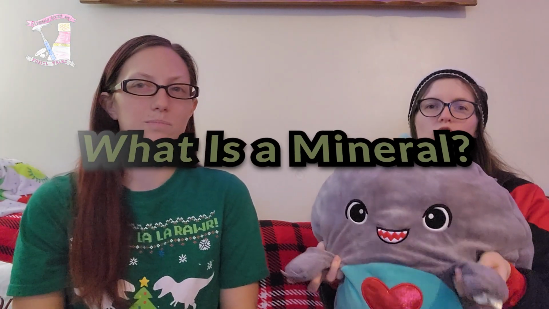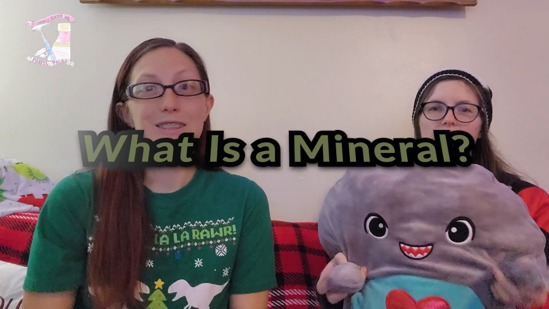What is a mineral? Ooh, it's a great question. Minerals are awesome. So the simple answer is minerals are like cells. They are the building blocks of rocks. Just like cells make up our bodies, minerals make up rocks.